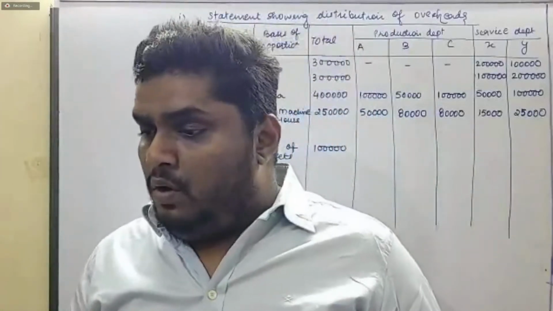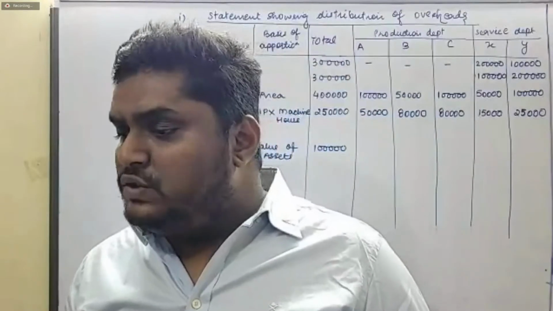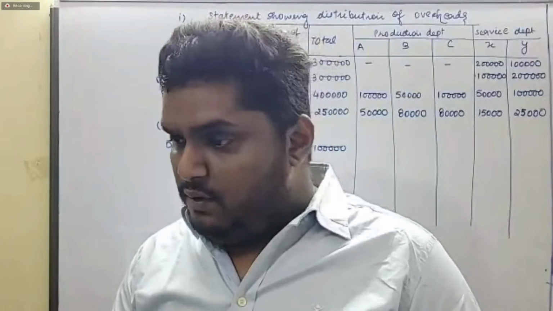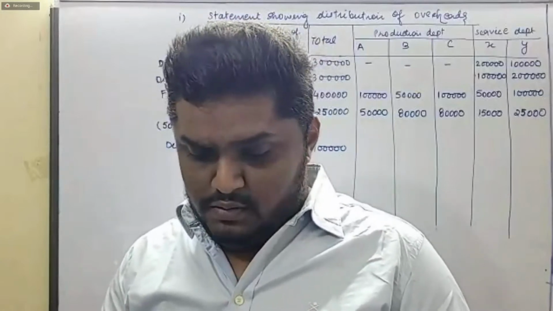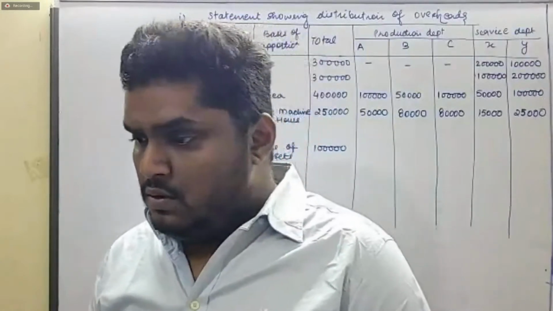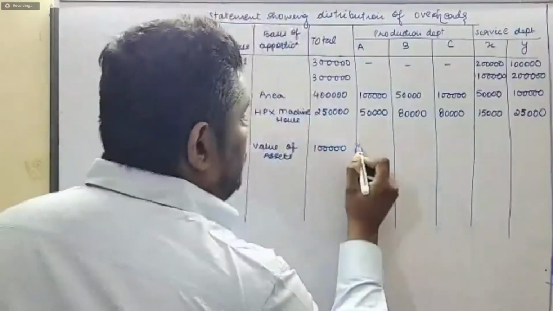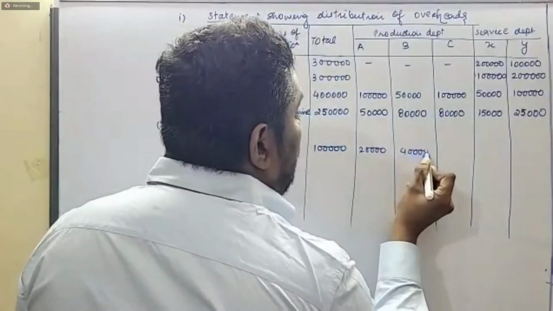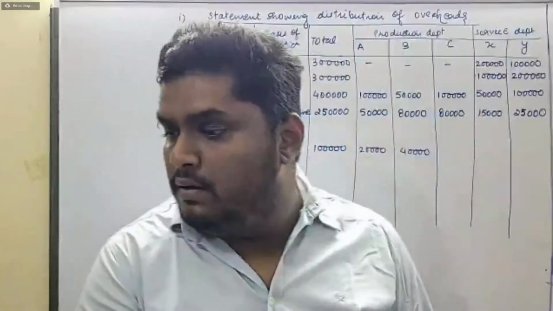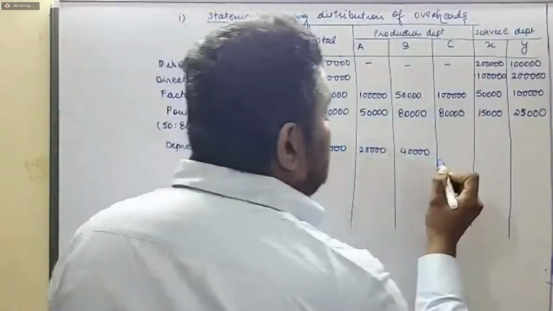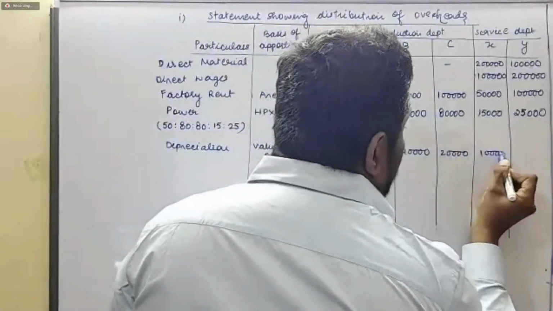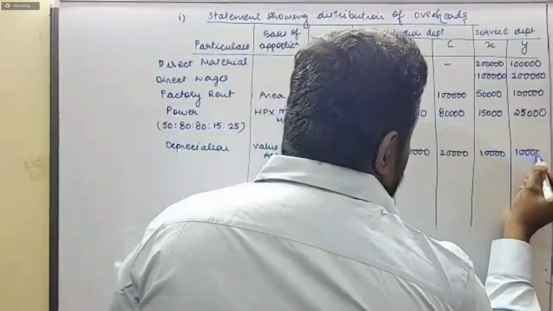Now, the ratio is 20 is to 40 is to 20 is to 10 is to 10. So this will be 20,000, 40,000, 20,000, 10,000 and 10,000.